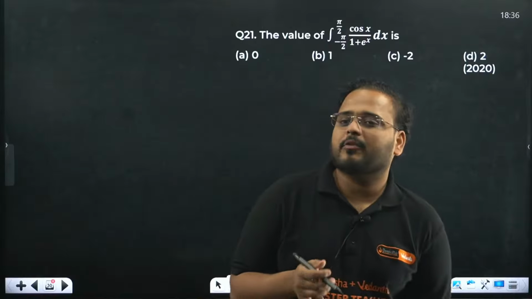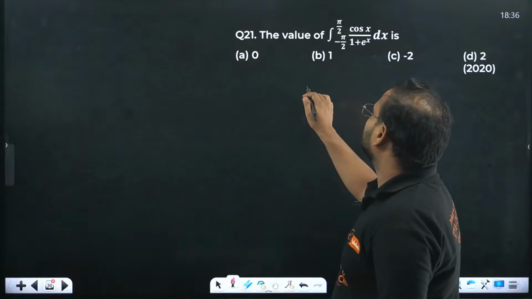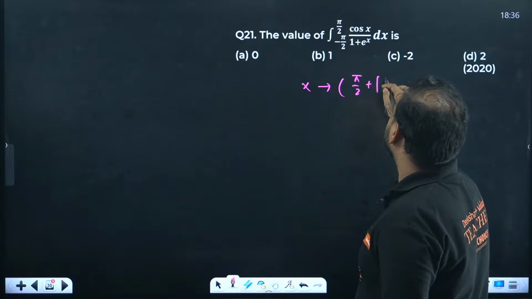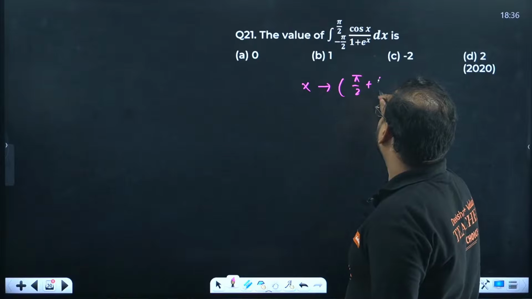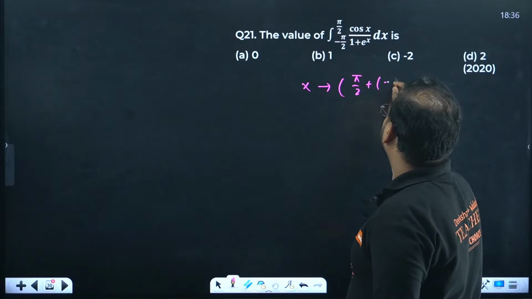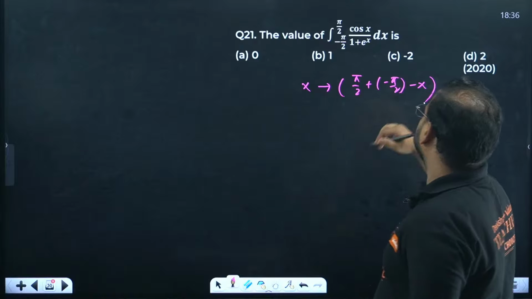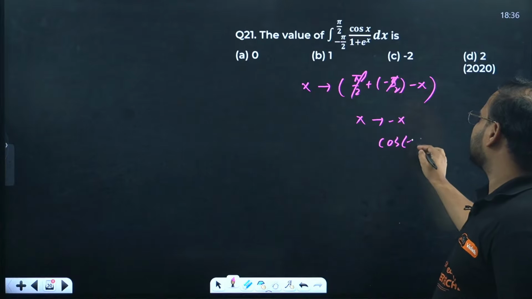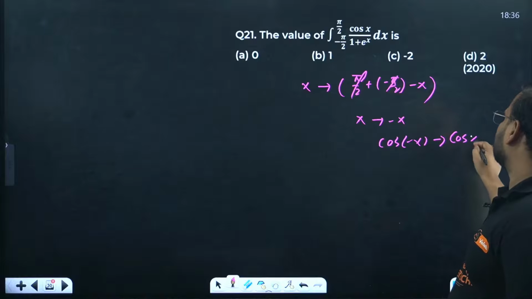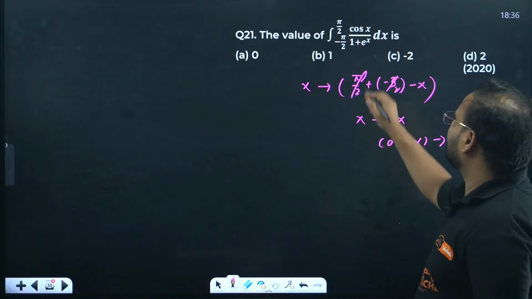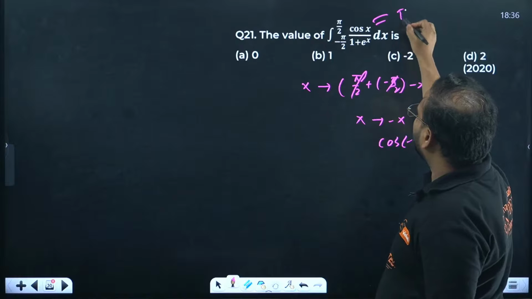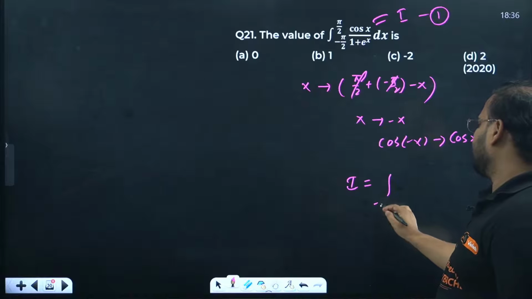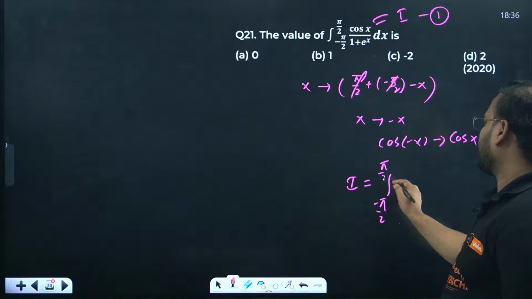Next. Cos x upon 1 plus e power x. This is again a King's rule problem. So replace x by the sum of the limits, pi by 2 plus minus pi by 2, minus x. This will cancel, so basically x is replaced by minus x. Cos of minus x becomes what? Cos x only. So if this is equation number 1, I equals the integral with the limits remaining the same.